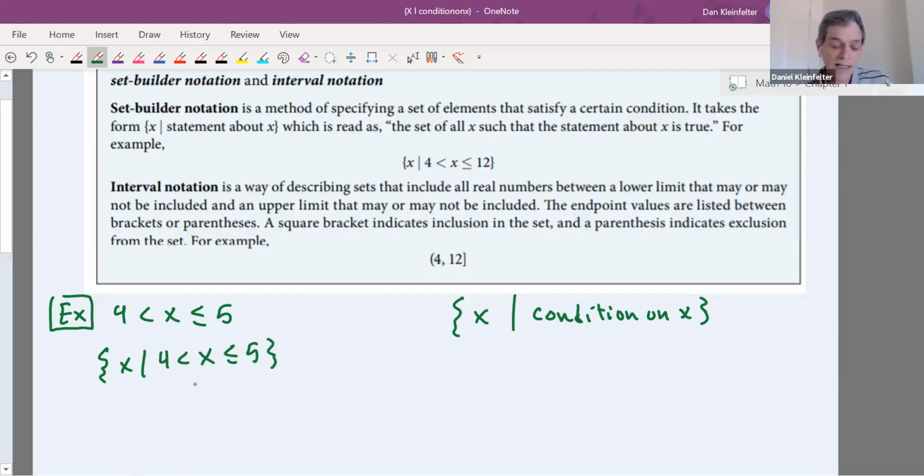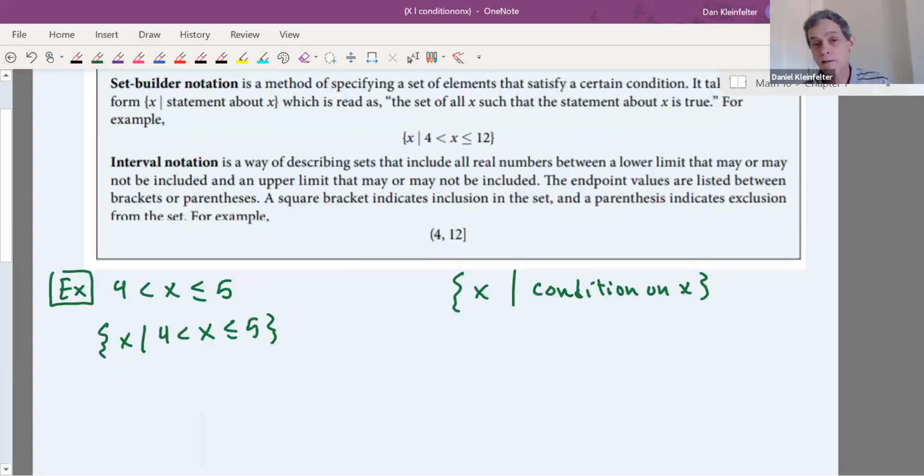And the thing is that the set builder notation is more general and is useful for describing other sets aside from when you're talking about sets of numbers, or if you want to say something other than just an inequality. For example, you might want to say the set of all n such that n is odd. This would be a way of describing the set of odd numbers, for example.